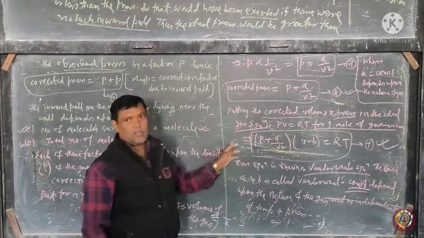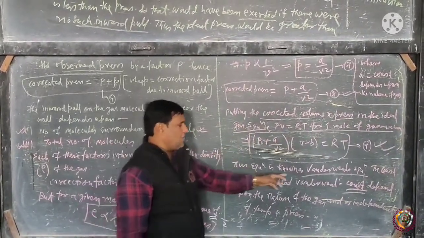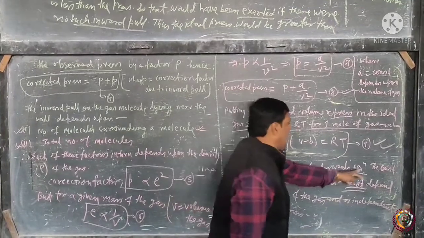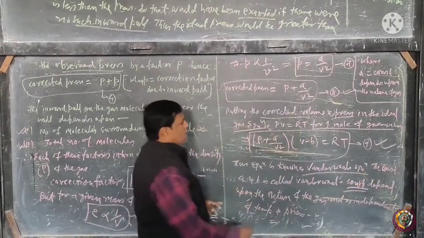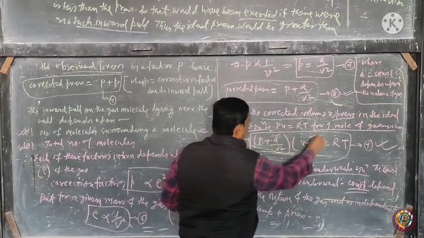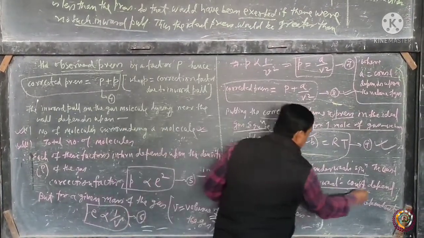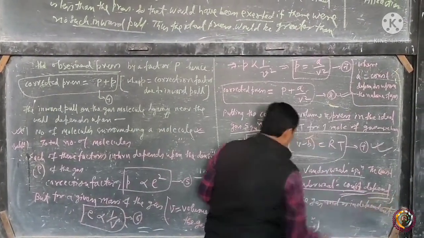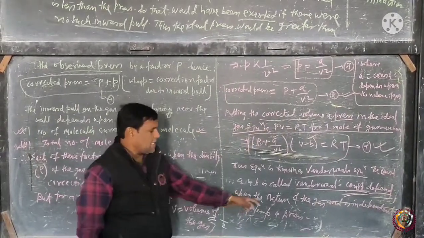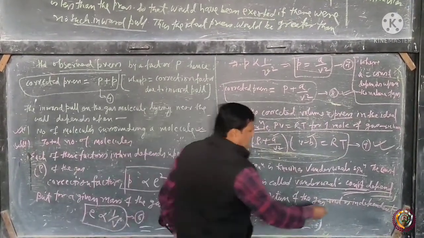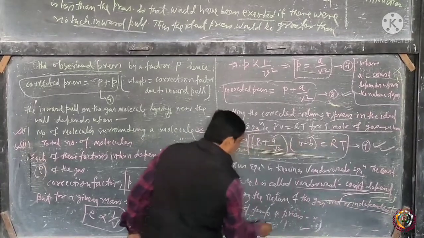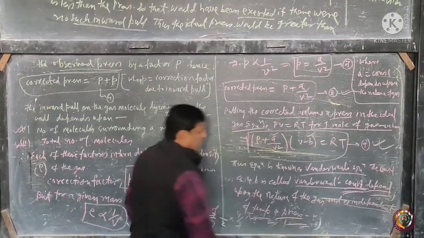Thus, the above equation 9 is known as the van der Waals equation, and the constants a and b are called van der Waals constants. They depend upon the nature of the gas and are independent of temperature and pressure.